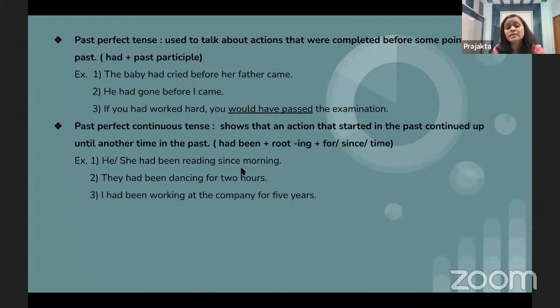वो सुबह से किताब पढ़ रहा है. ठीक है. Okay, that means sorry, वो सुबह से पढ़ रहा था. We are talking about past perfect continuous tense. So that means he, she had been reading since morning. That means कि वो सुबह से किताब पढ़ रहा था.